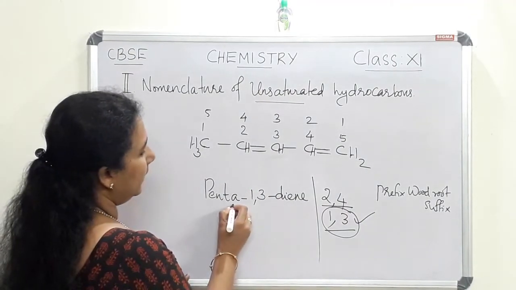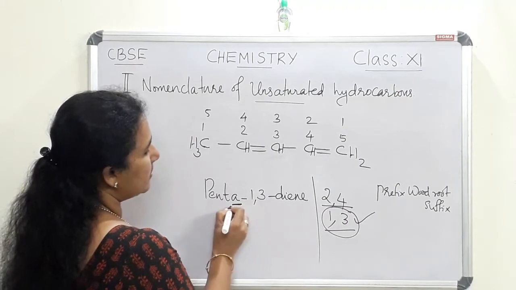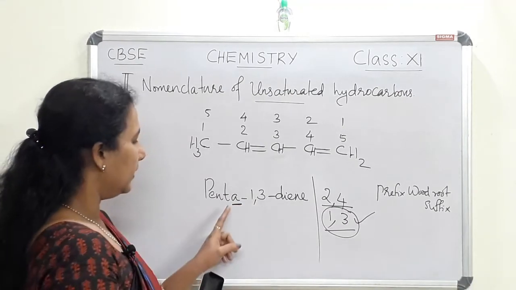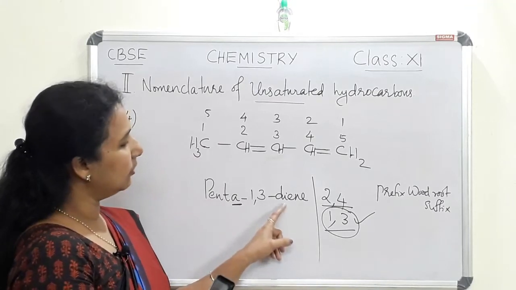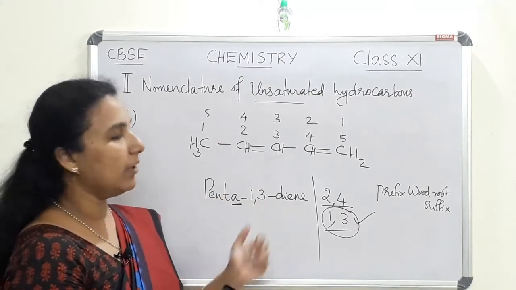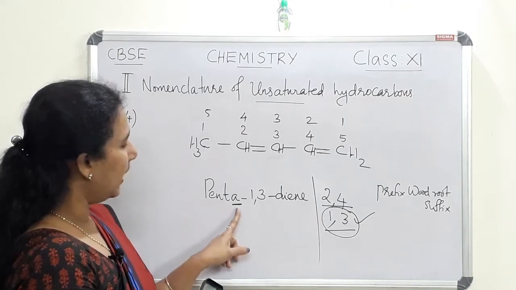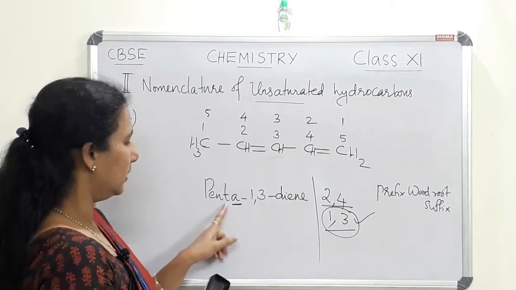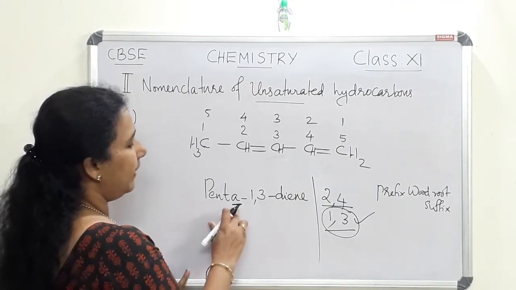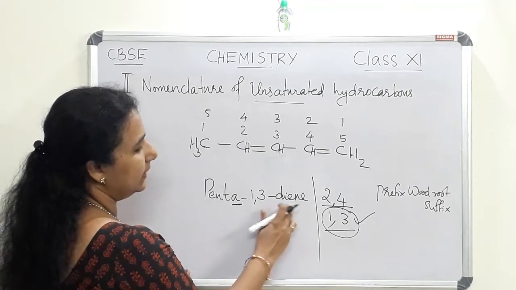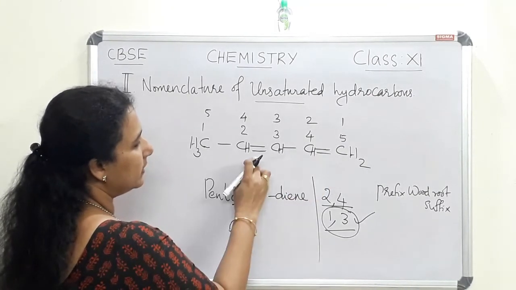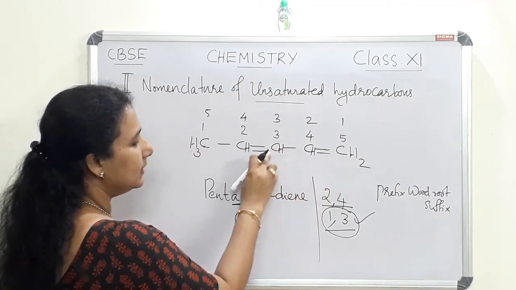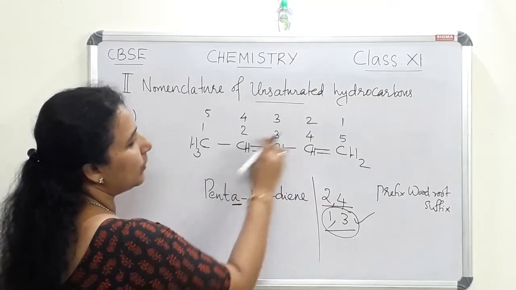Here one additional point is to be noted. We have to add a to the word root if it is a diene or triene. So the name is penta 1,3 diene. It is a di. It contains two double bonds and the double bonds are at the first position and the third position. So two possibilities are there.